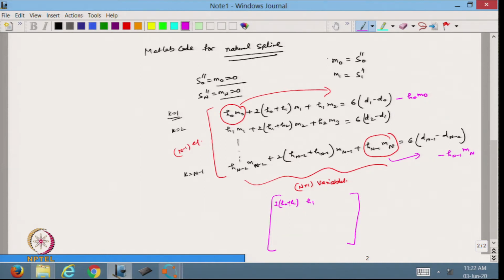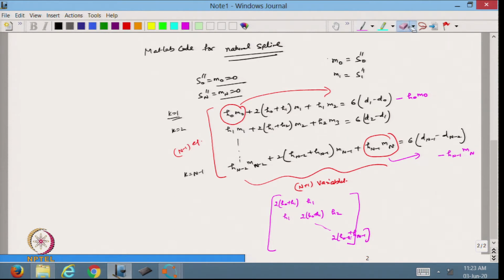Next is H1, 2 times H0 plus H1, then H2 and so on. In the end I will get 2 times Hn minus 2 plus Hn minus 1.